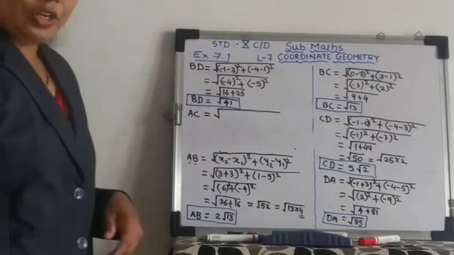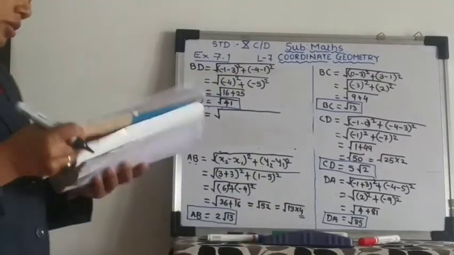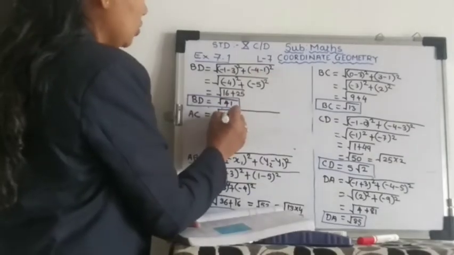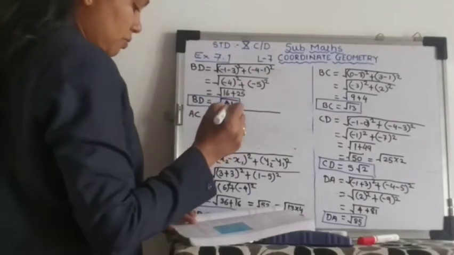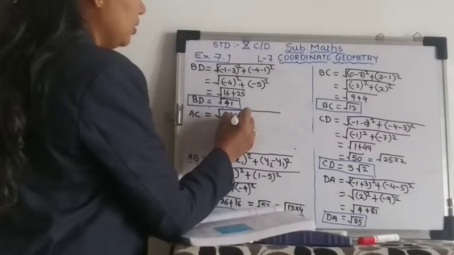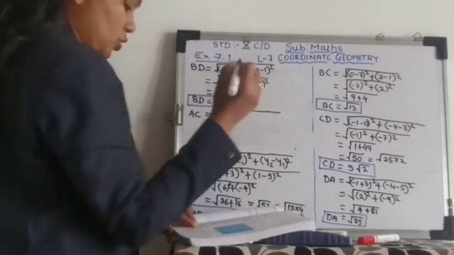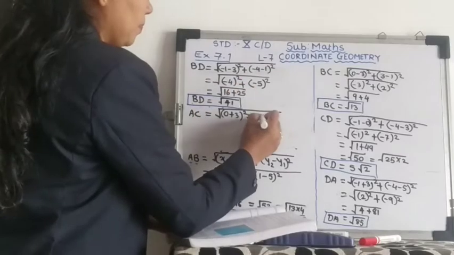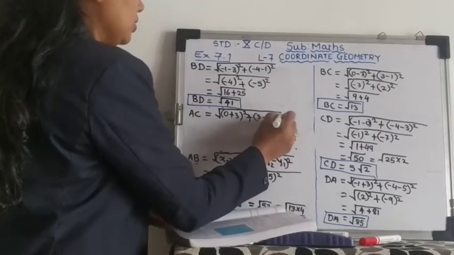So AC's coordinates will have C as 0, 3. So (0 minus 3), plus (3 minus 5) whole square.